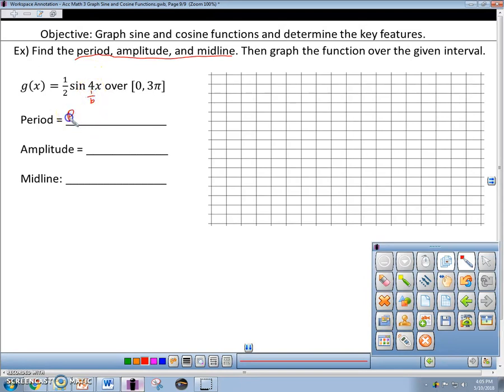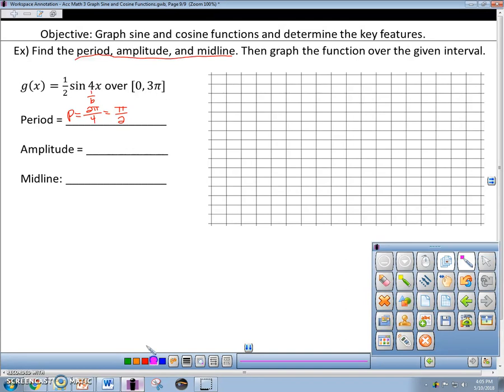And so our period is equal to the parent function's period, which is 2 pi, divided by the absolute value of 1 over b, which is 4. And so in this case, I would just use this form, and that reduces to pi over 2. So pi over 2 radians is the interval over which we get 1 complete wave for the sine function.